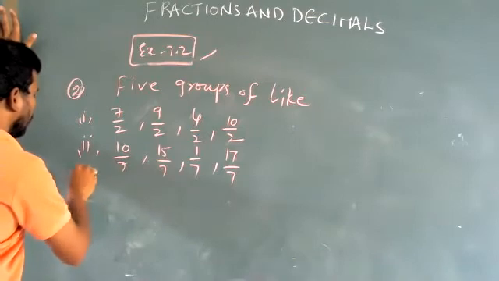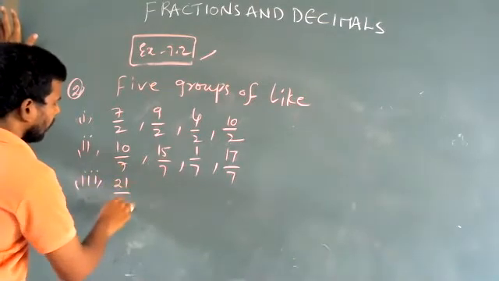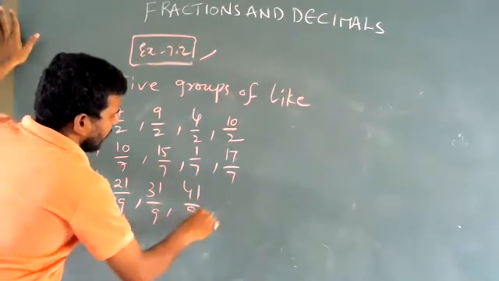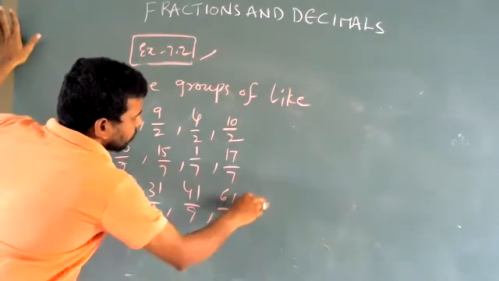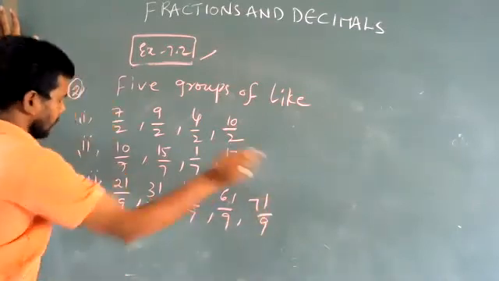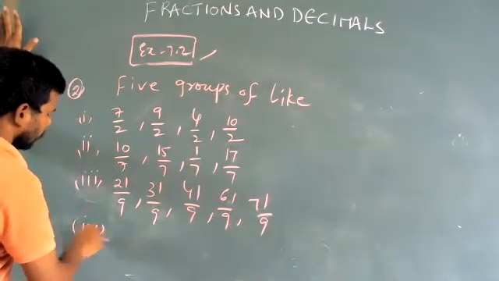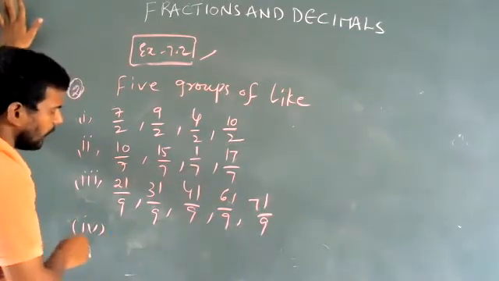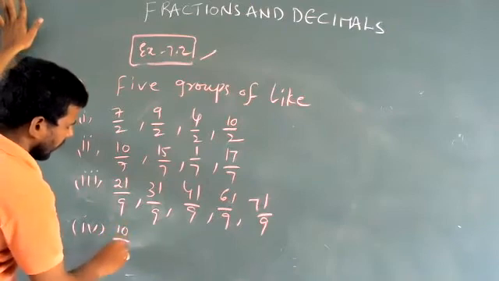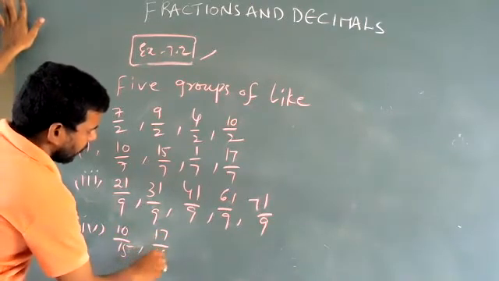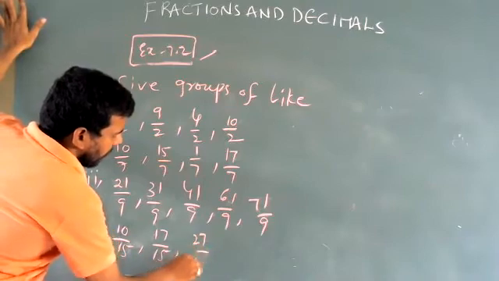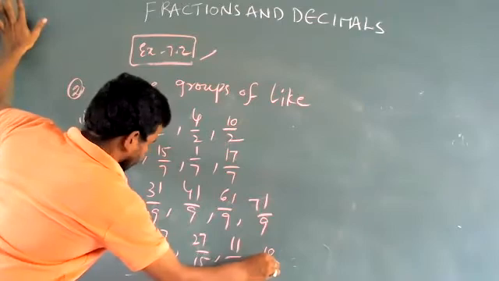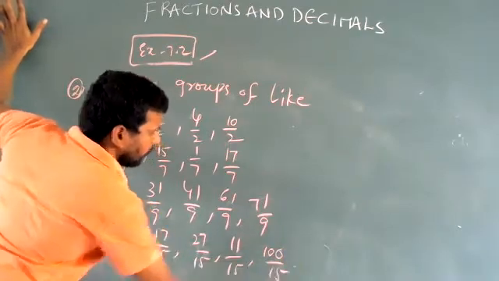Now third group: 21 by 9, 31 by 9, 41 by 9, 61 by 9, 71 by 9. All are same. Now I am going to write the fourth group. Denominator I take 15: 10 by 15, 17 by 15, 27 by 15, 11 by 15, 100 by 15.